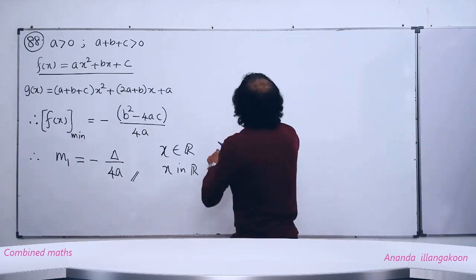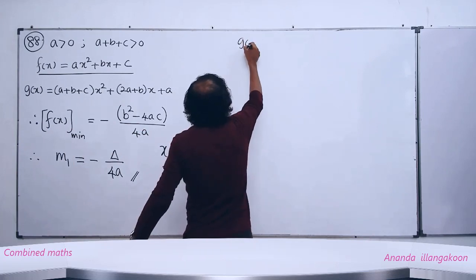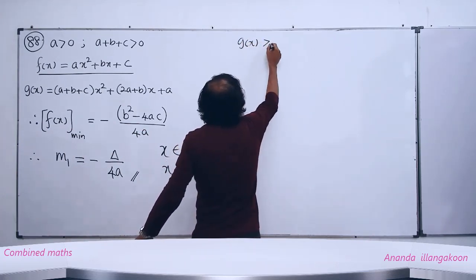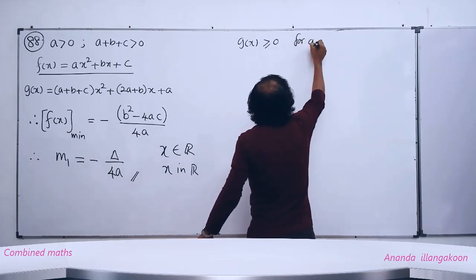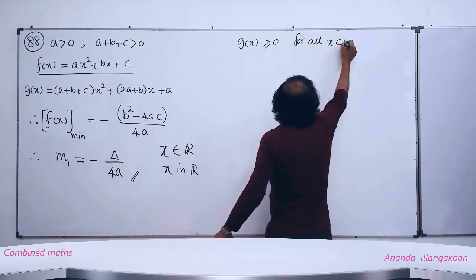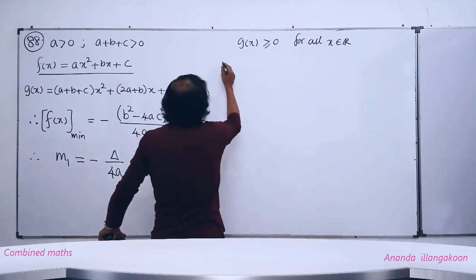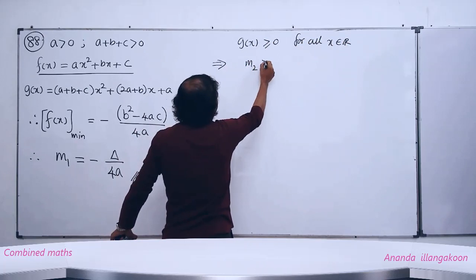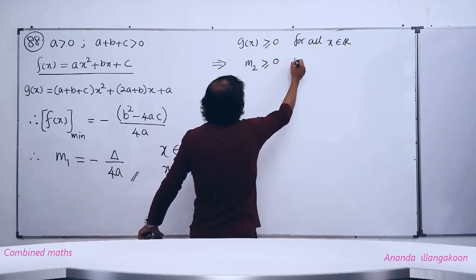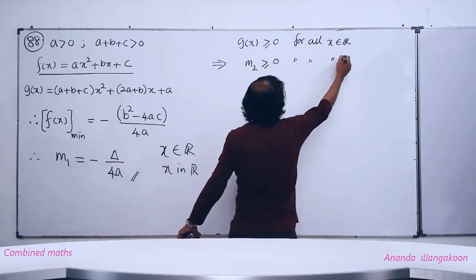You can write g(x) greater than or equal to 0 for all x in R. This statement implies m2 greater than or equal to 0.